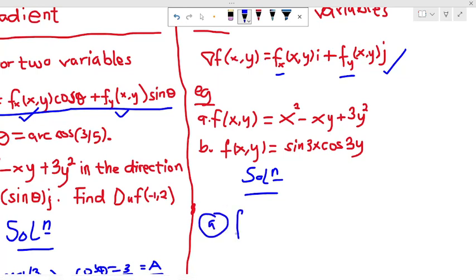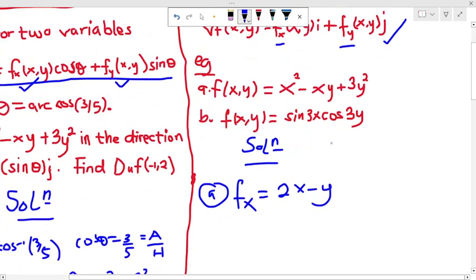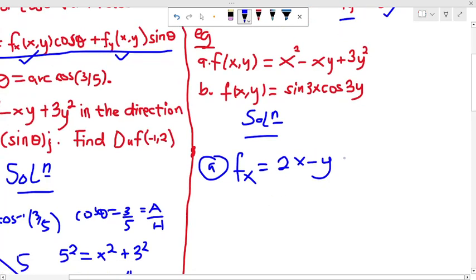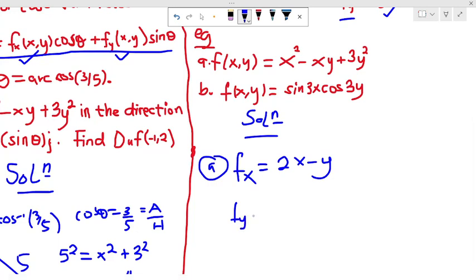So in the equation up, we need our fx. Now differentiating this, our fx gives us 2x minus y. Now our 3y squared goes to 0. Now our fy gives us minus x plus 6y.